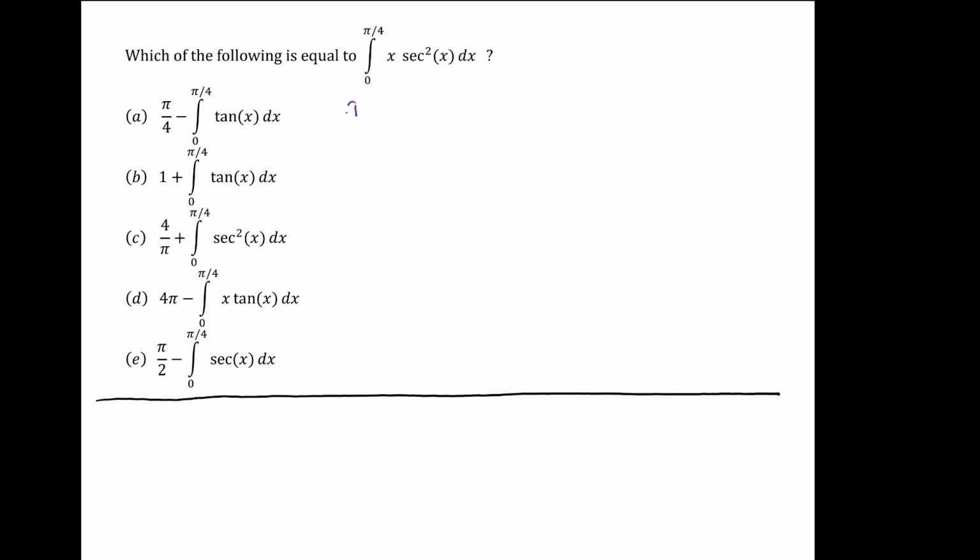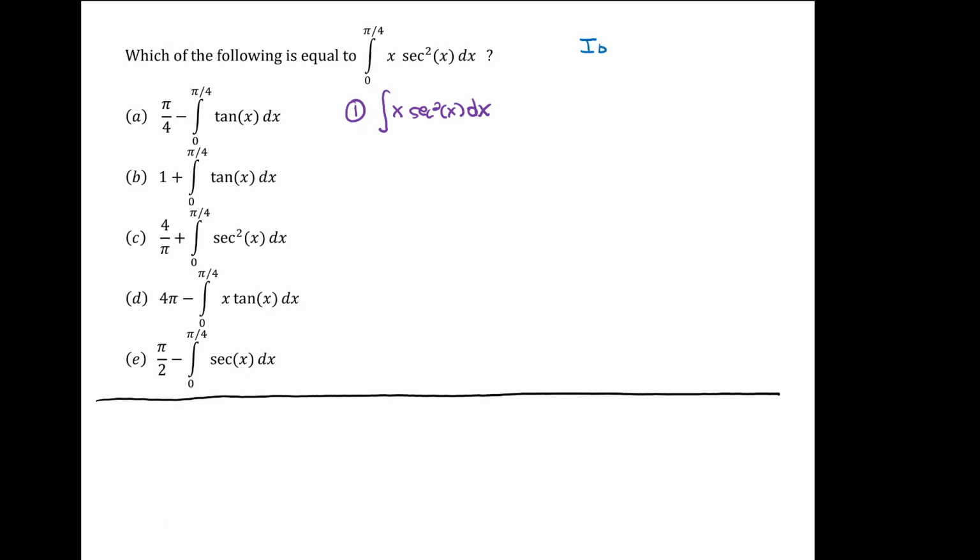So if we use the step 1, step 2 method, I'm first going to find the antiderivative of x times secant squared of x dx, ignoring the bounds. Because we are inside section 7.1, the choice of method seems naturally to be integration by parts.